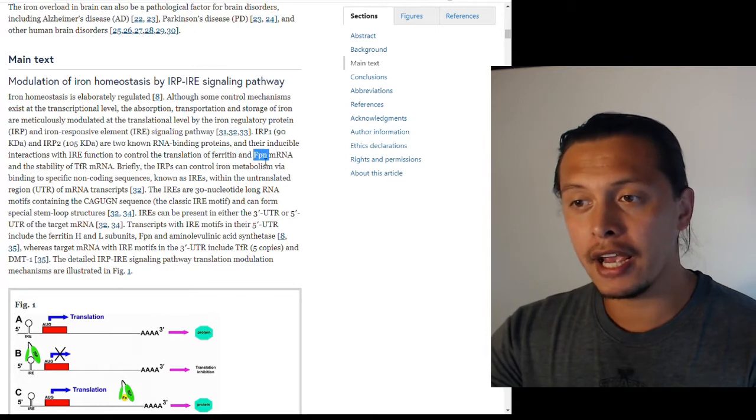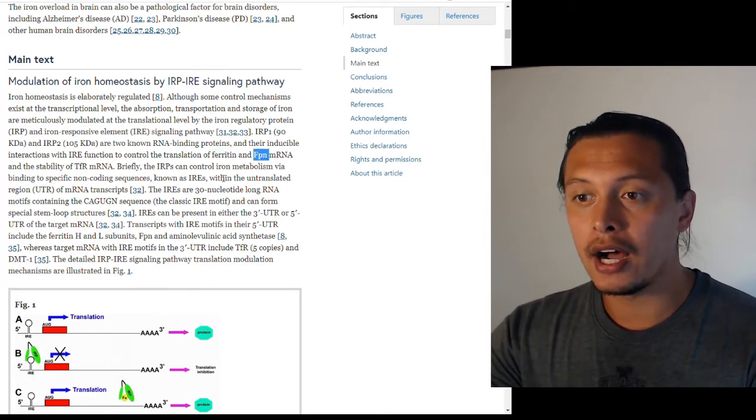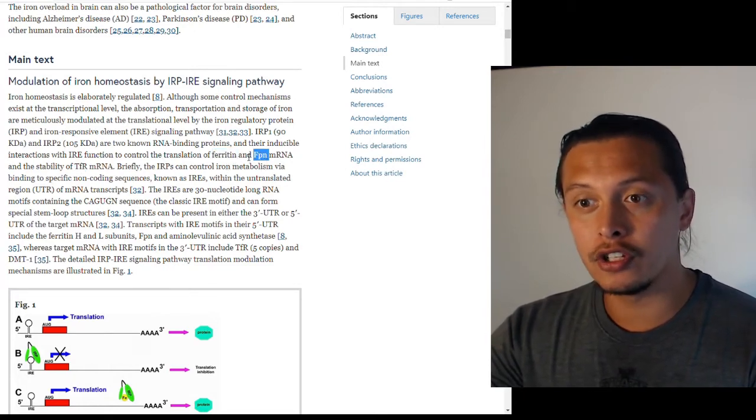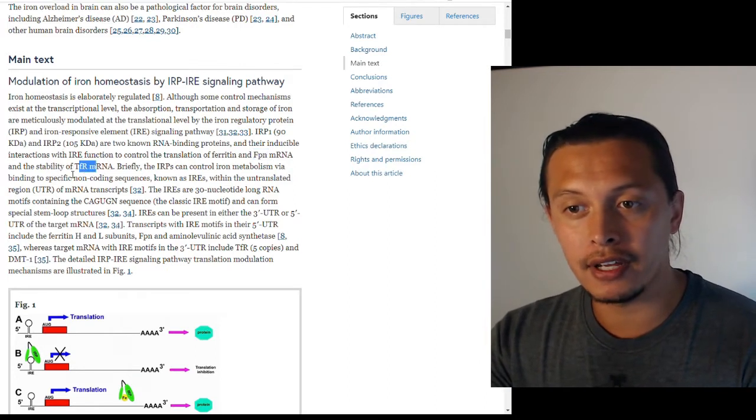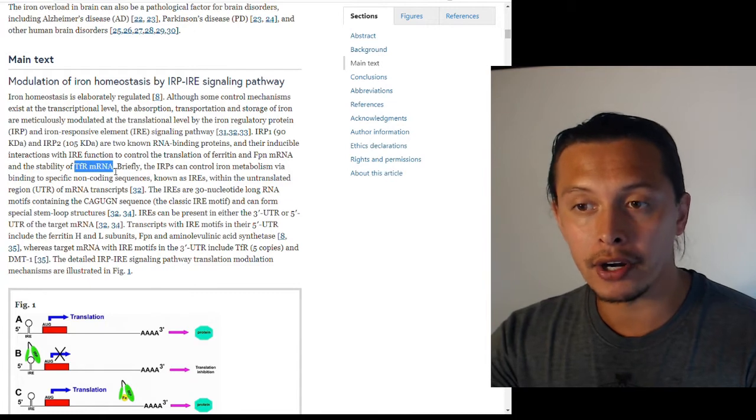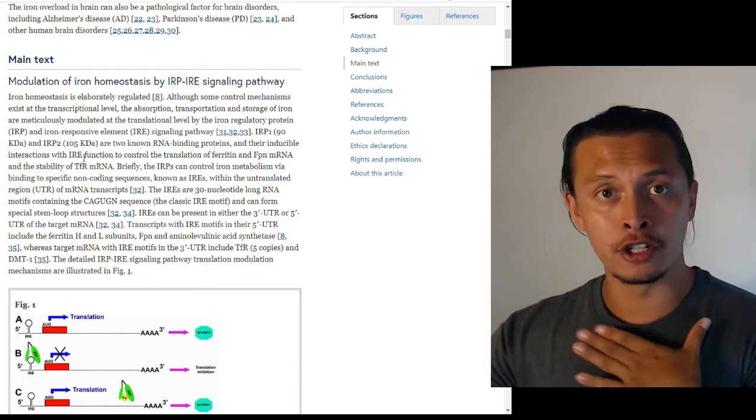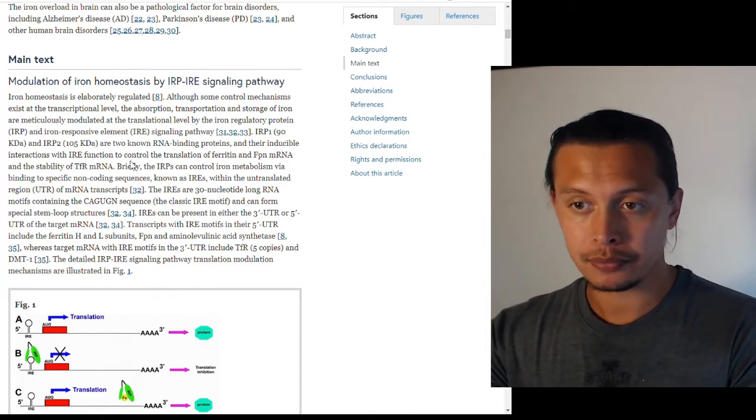So for ferritin and ferroportin, translation is controlled by IRE, and its stability affects the transferrin receptor mRNA.